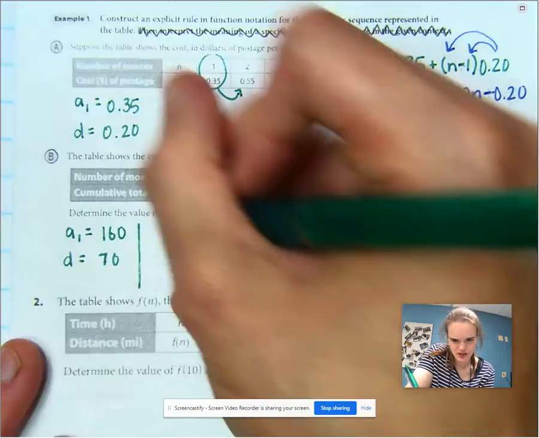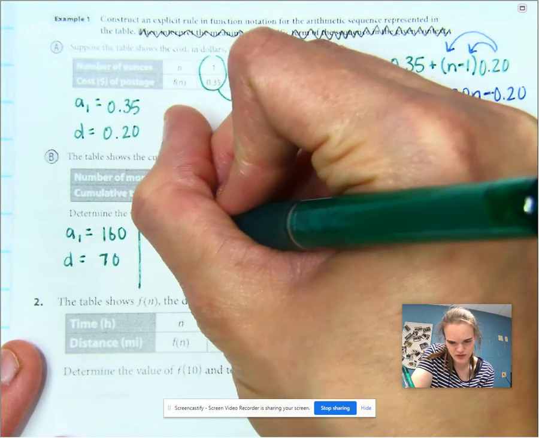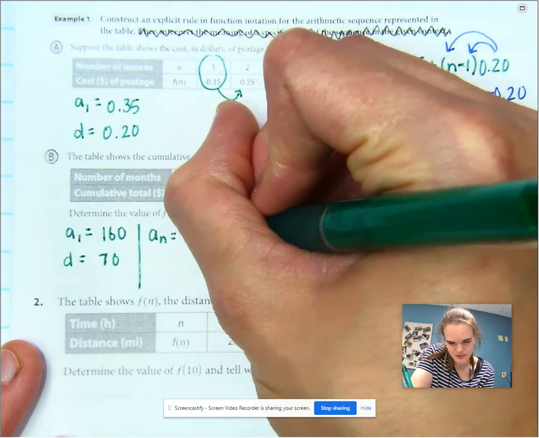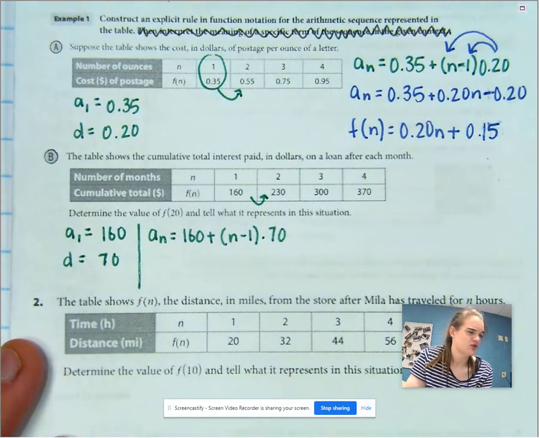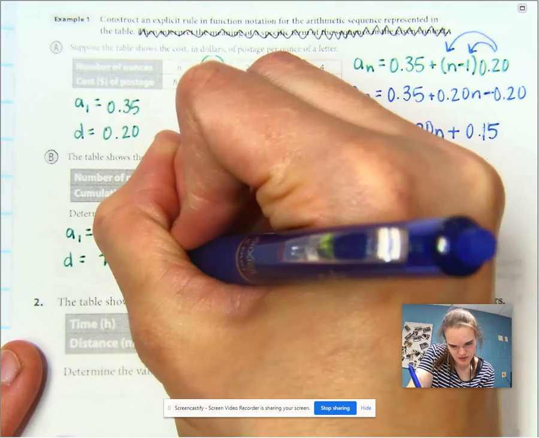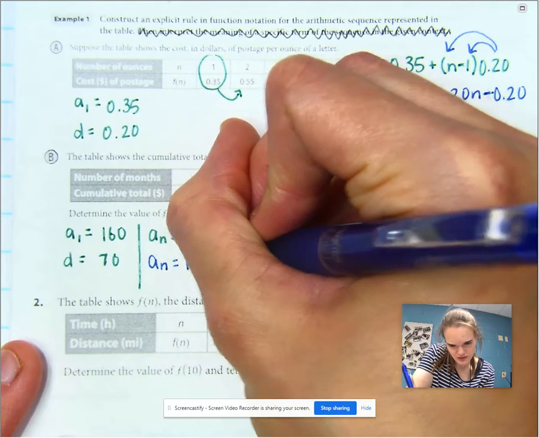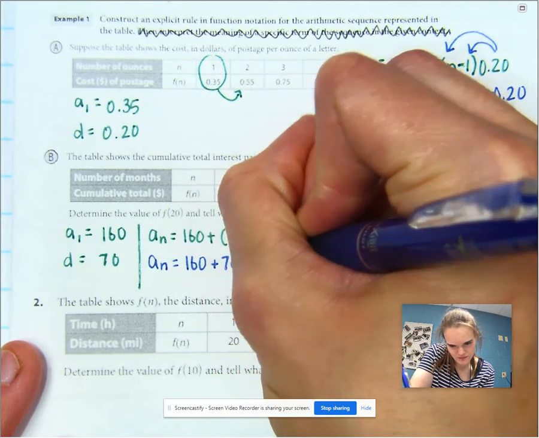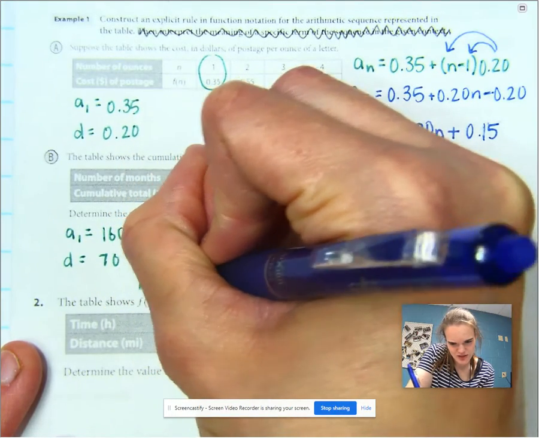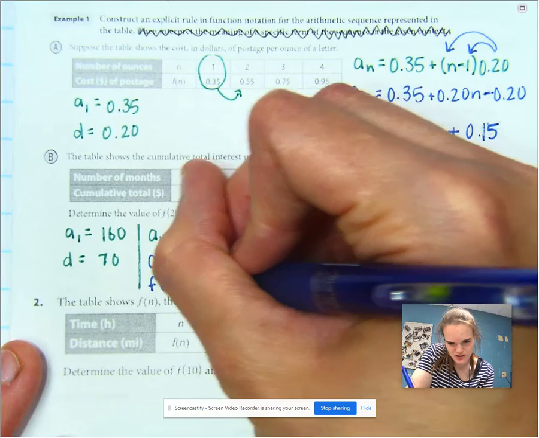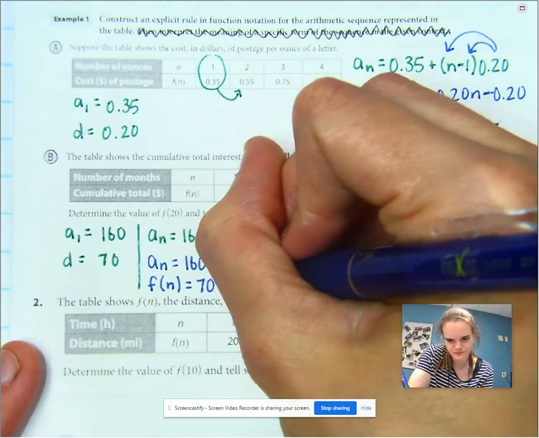Here's the rule. A sub n equals the first term, 160, plus n minus 1 times 70. Okay, distribute. A sub n equals 160 plus 70n minus 70. Combining like terms. Remember, I actually need to write it in f of n. F of n equals 70n plus 90.